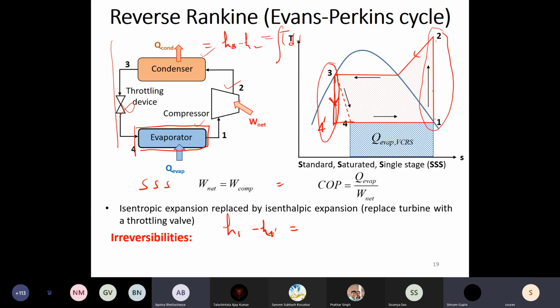Okay, so in order to reduce the cost and keep the maintenance of the entire system just limited to one rotating device, we have dropped this. There is no one stopping you from placing an additional device and getting some small amount of work and using it for improving the efficiency of the cycle.